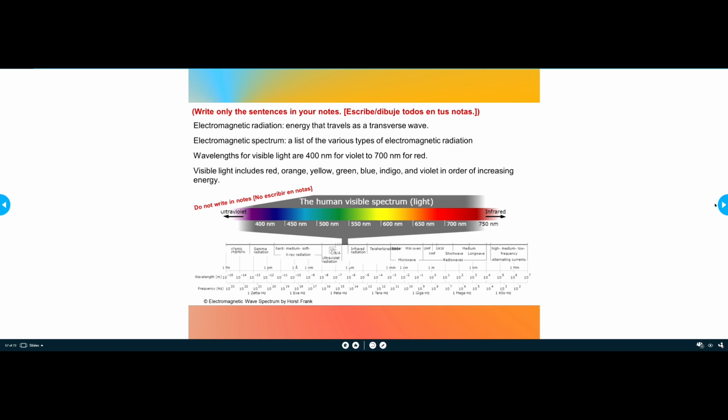The names of these types of electromagnetic radiation come from the source or type of use.